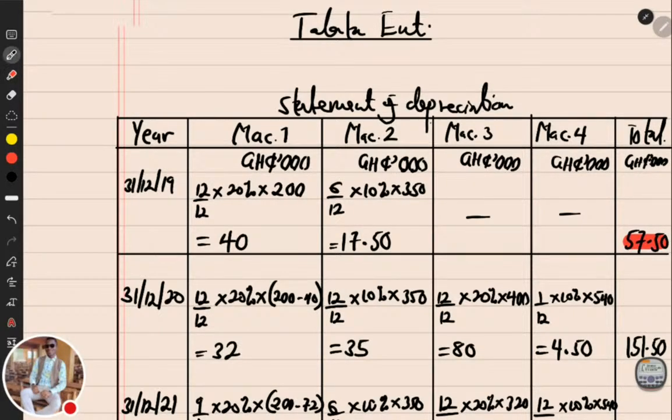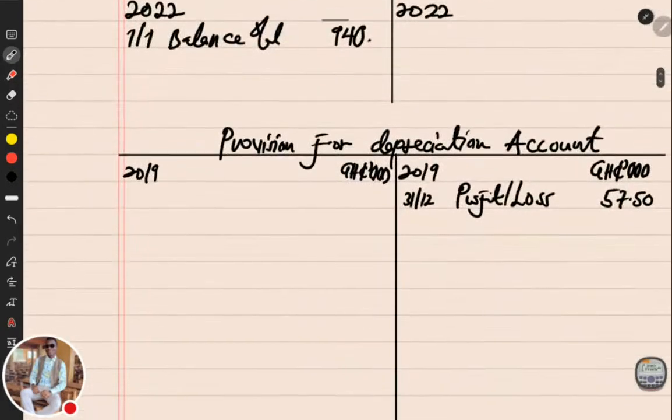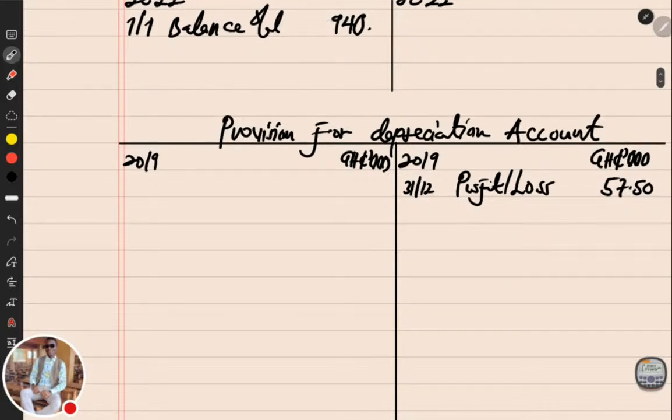All right. So once we are through, then we have to close our account, have our balance, so that we have that depreciation in accumulation for the machine asset. So we'll have it also coming up as what? 31st, because we are closing the account. So 31st December. So we have in here balance carry down.